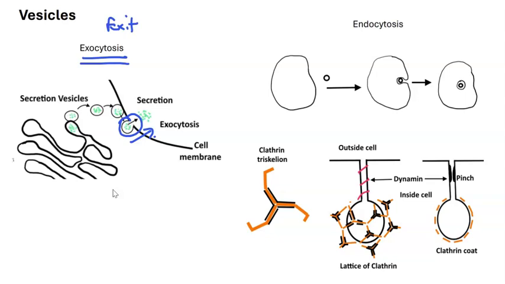Now, interestingly, if we come across to here, there's another process called endocytosis, which is the reverse, which is that we have a particle outside of the cell, and it's possible to get this into the cell. And the way that this can happen, in this particular case of endocytosis, is that the membrane will form a pouch like this and engulf the substances to be taken in.